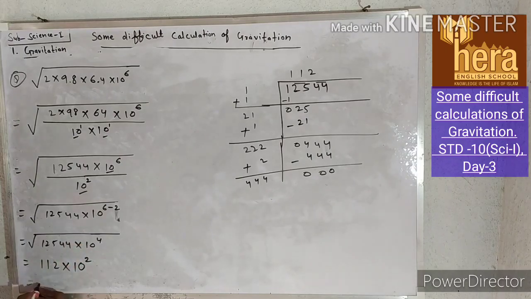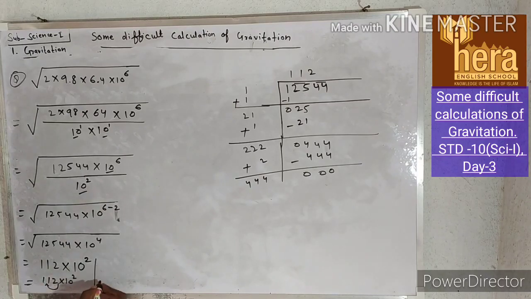So this will be equal to 112 into 10 raised to 2. Now this is not in scientific notation. So what you have to do? Here is no decimal, it means the decimal is at the end. So you have to move the decimal from here to here.